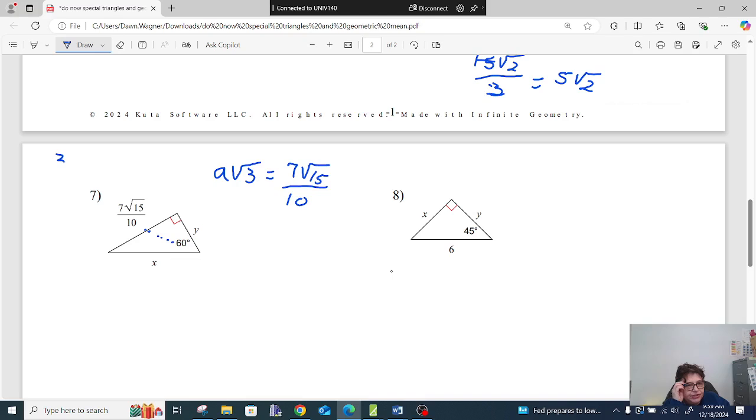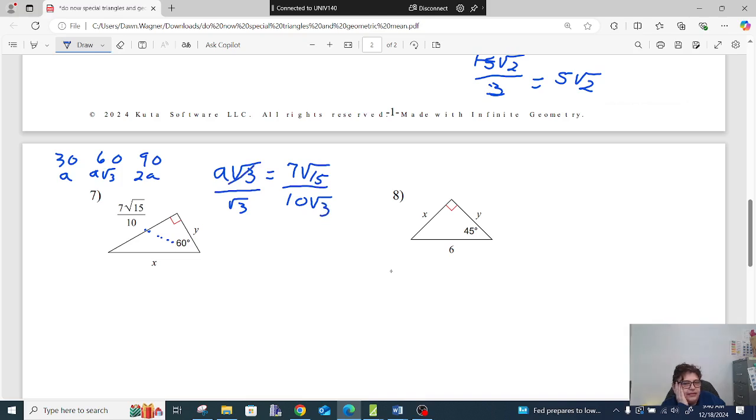We can. I was just trying to give you more room because people were saying they couldn't see. There. So what would I do here to solve for a? How do I get rid of this square root 3? When I'm dividing, that means I'm just putting it in the denominator.